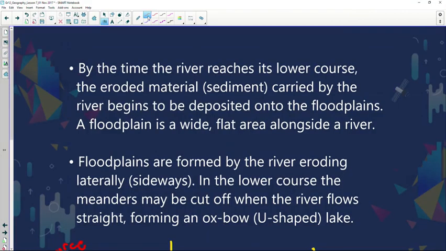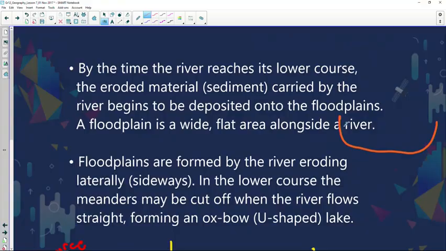There's no erosion taking place, only deposition, and floodplains develop as well. Basically, the load that's carried from the upper to the middle course is deposited in the lower course, because of the flat gradient and the volume of water. And the riverbed will be much wider than in the upper and middle course.